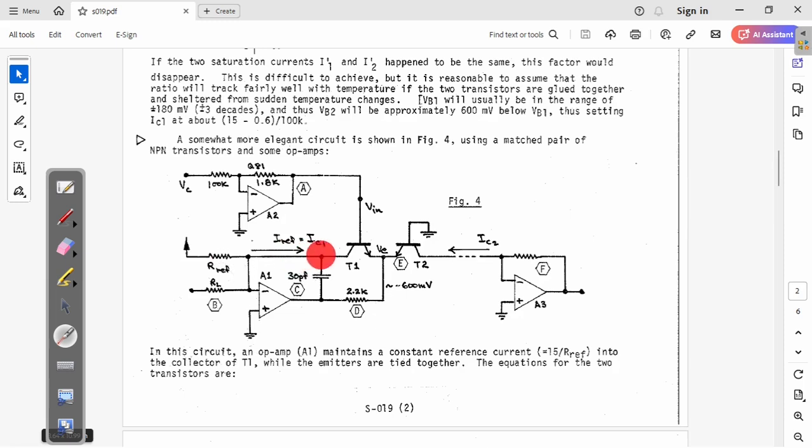Whatever you put in the feedback loop doesn't really matter, because the op-amp is going to output a voltage so that the current here remains constant and equal to 15 over Ref. Okay, so now we know that IRF is constant.